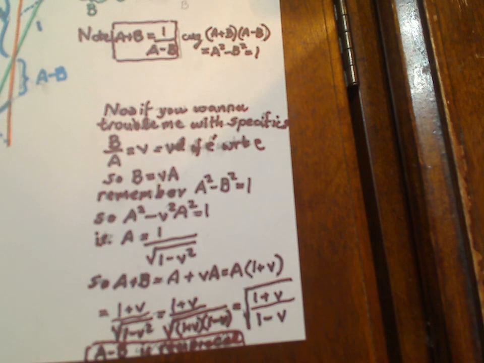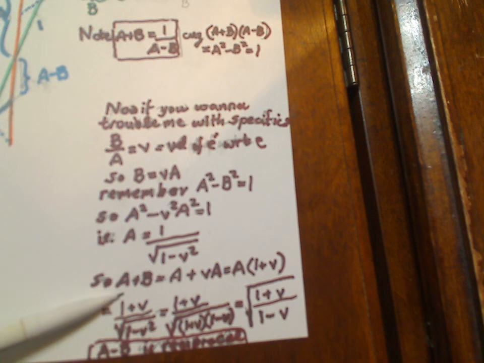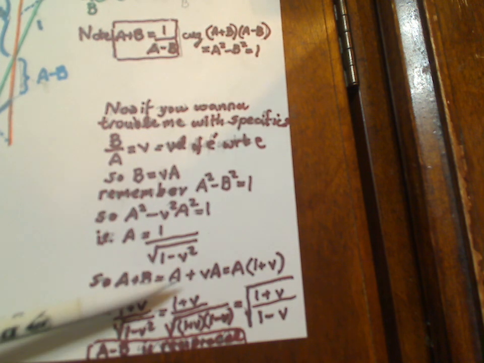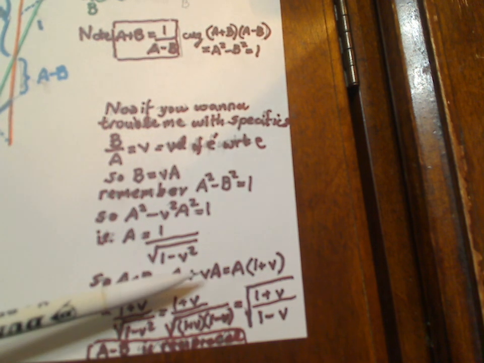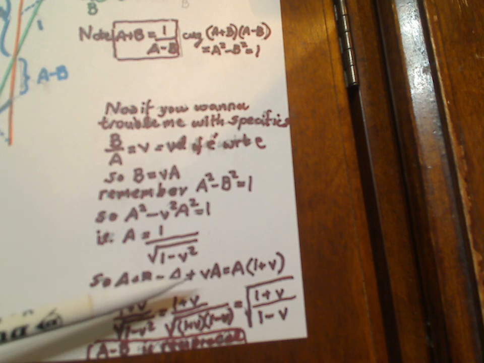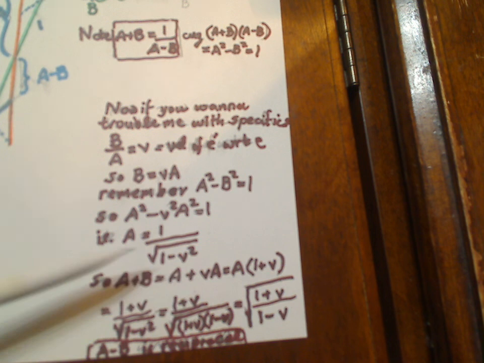Okay, so let's go a little bit further here. So then a plus b is equal to a plus, again, b is va, so a plus va. And we pull the a out, so that's equal to a times 1 plus v. Okay, but we know what a is from up there.